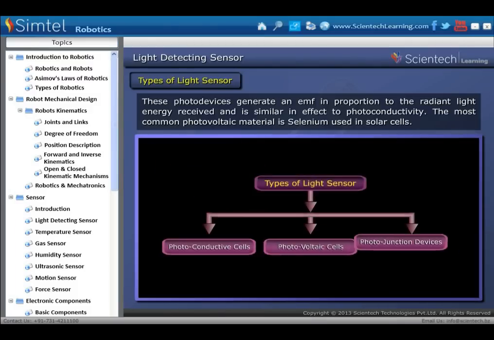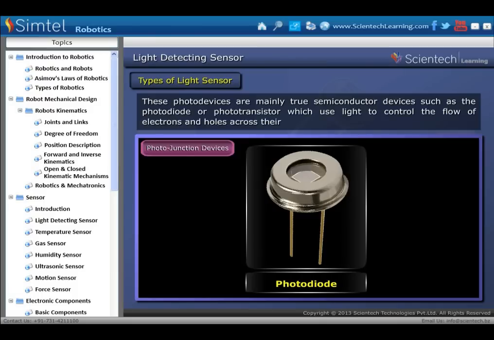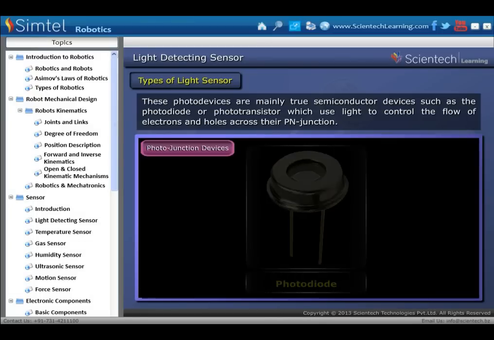Next are photojunction devices. These photo devices are mainly true semiconductor devices, such as the photodiode or phototransistor, which use light to control the flow of electrons and holes across their p-n junction.